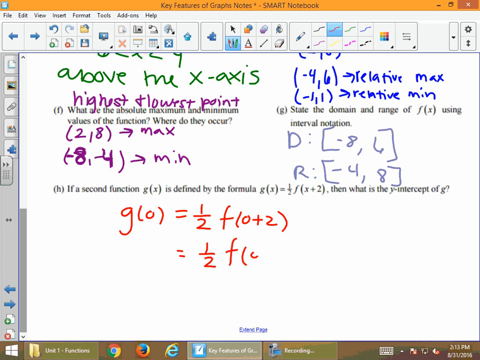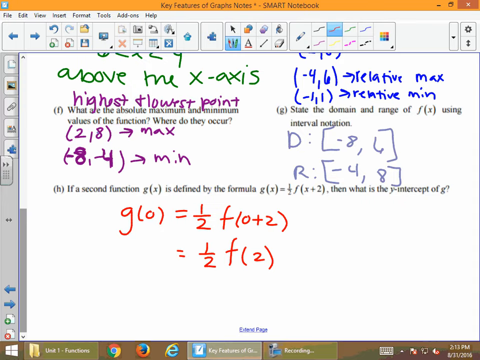It's really tempting to say, oh, 1/2 times 2 is 1. Here's the thing: that 2 is trapped in the parentheses of that f. Pretend that 1/2 isn't there. Function notation: we need to evaluate what f of 2 is.